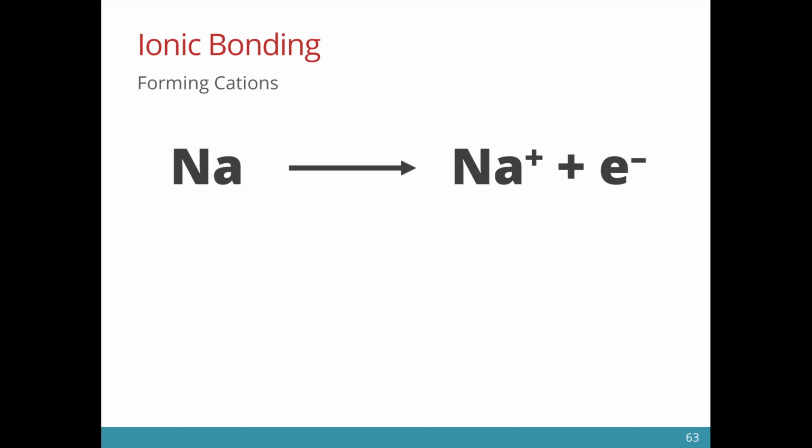This is how we write the ionic equation. We start on the left, the sodium atom. It becomes a sodium ion, and there is one electron that is being lost.